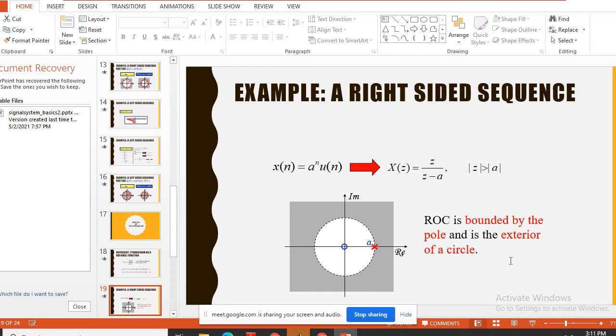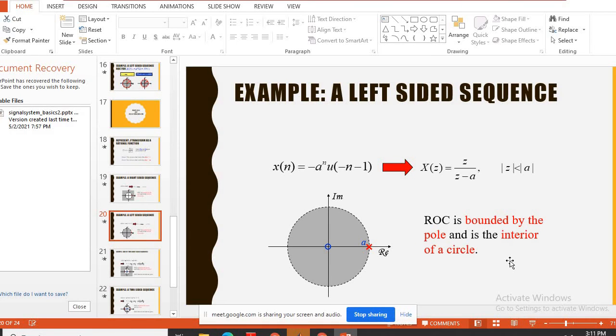So this is your a raised to n u of n, a right sided sequence. So that ROC is bounded by the pole and it is the exterior of the circle. What I said earlier, we are again just summarizing it. Then for a left sided sequence, ROC is bounded by the pole and it is the interior of the circle.